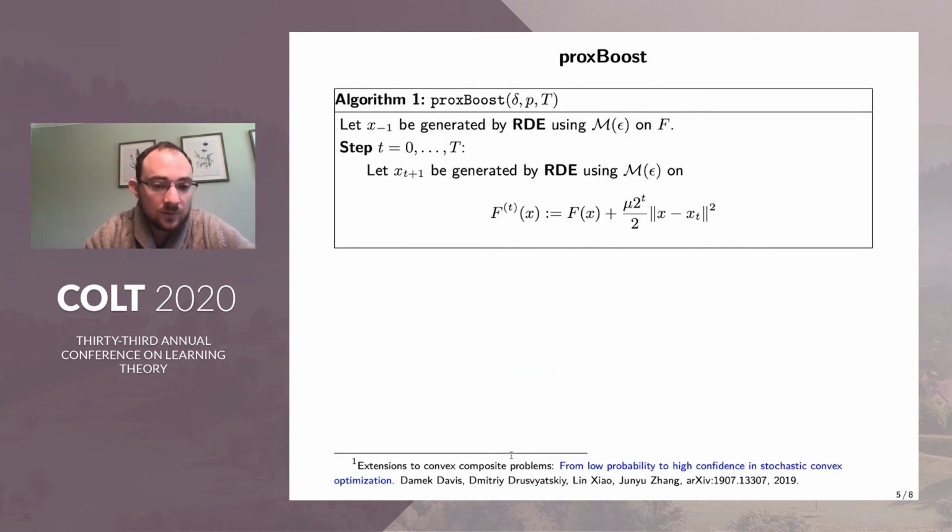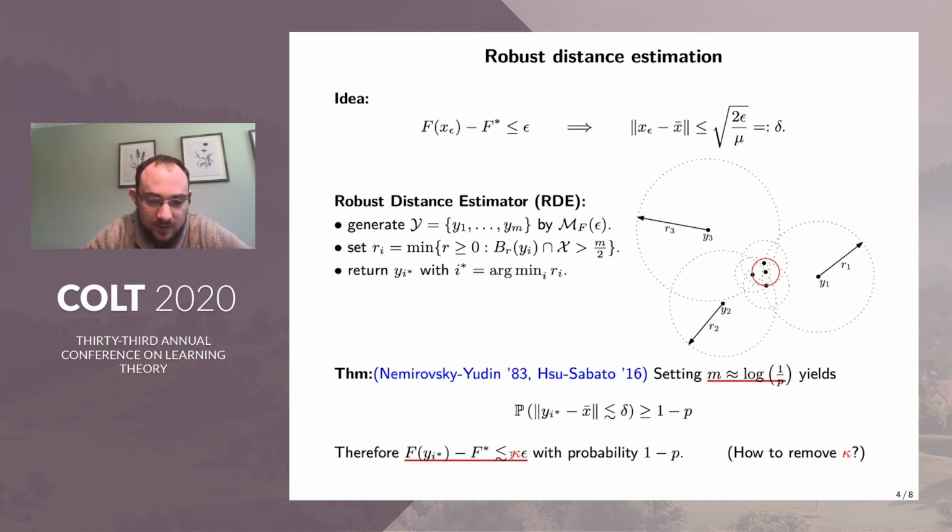So the idea to remove the dependence on the condition number is as follows. Instead of just running the robust distance estimation on the function f directly, where robust distance estimation just means you rerun the oracle on the original function f m times, and then grow out these balls, we're going to apply this robustness estimation to a short sequence of slightly perturbed problems, perturbed in such a way that the conditioning keeps improving.